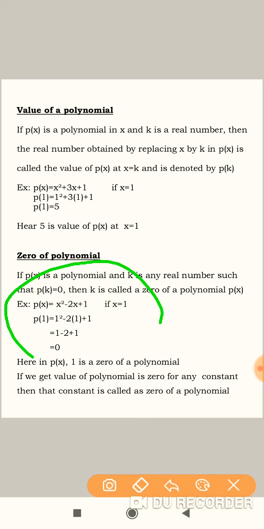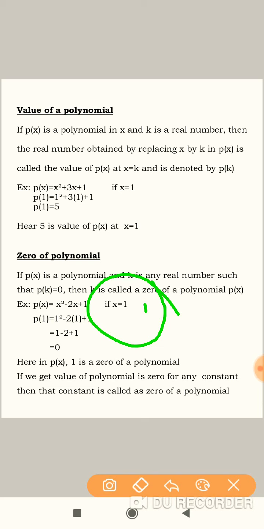We can easily understand this with an example. If p of x is equal to x square minus 2x plus 1, and we replace x by the constant 1, then p of 1 is equal to 1 square minus 2 into 1 plus 1. When you simplify it, you get 0.